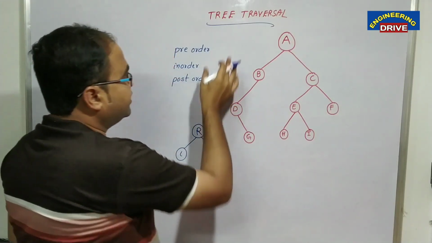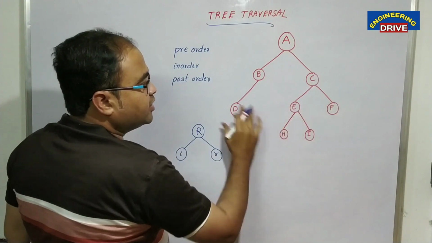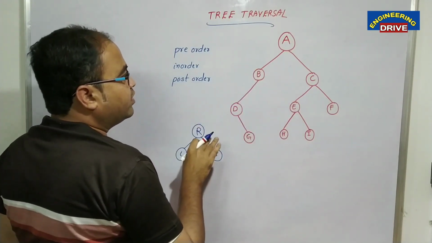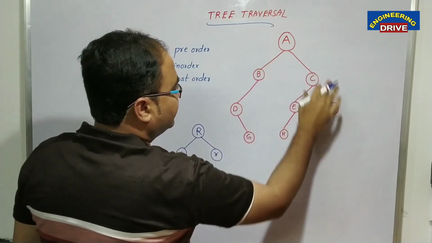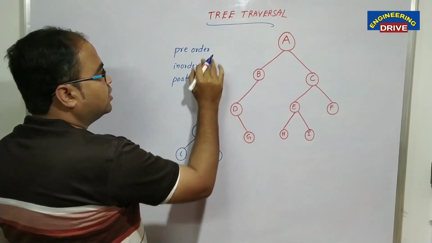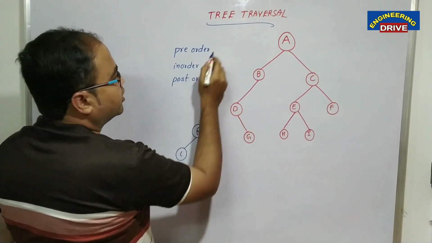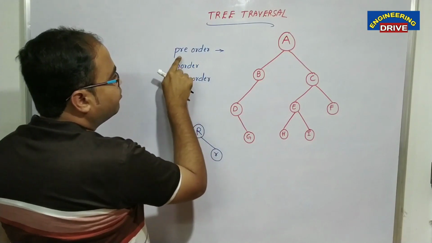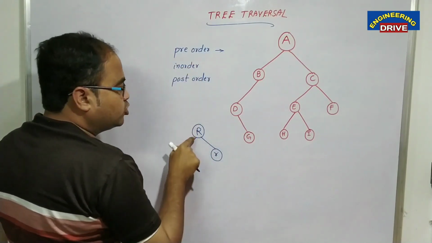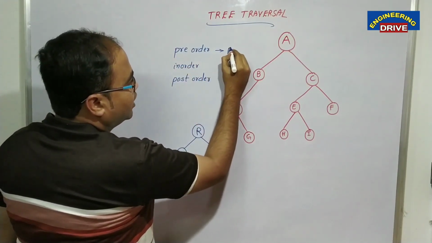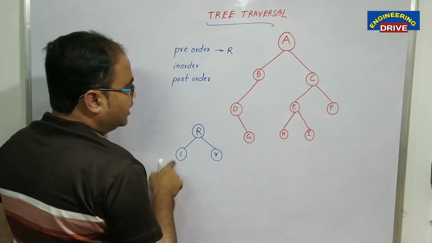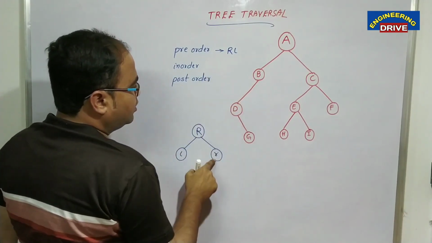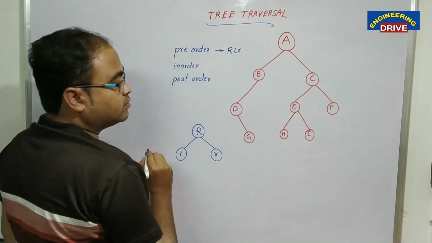Tree traversal is nothing but visiting all the nodes of a tree. You can traverse a tree using these 3 methods: pre-order, in-order and post-order. In pre-order, pre means before. First you visit the root node, capital R, then the left child node, small l, and the right child node, small r.